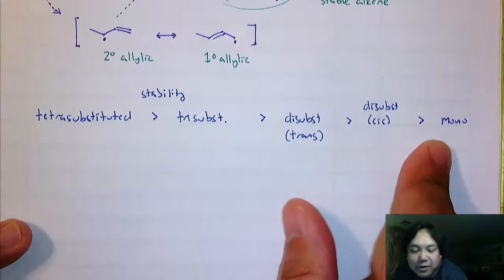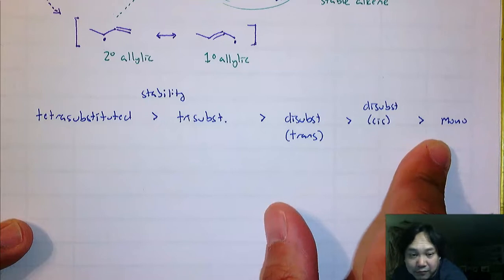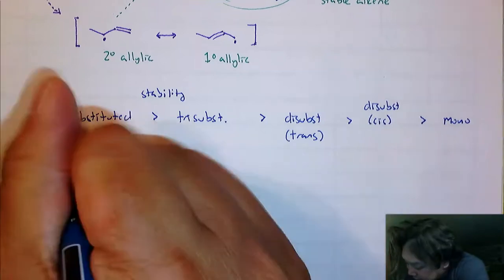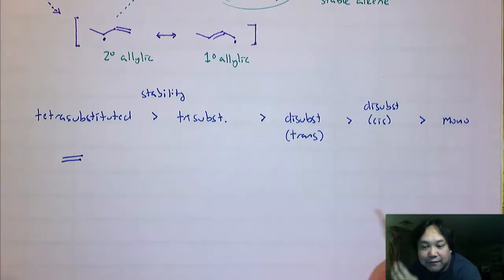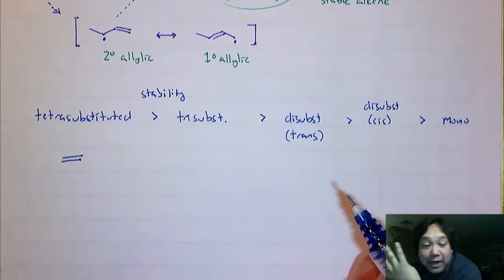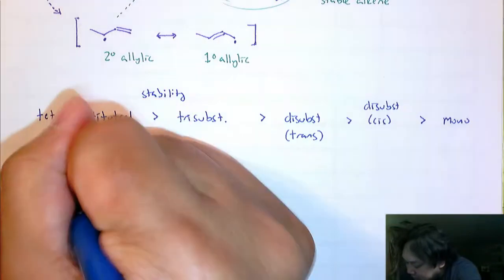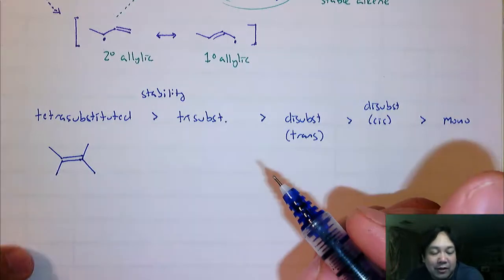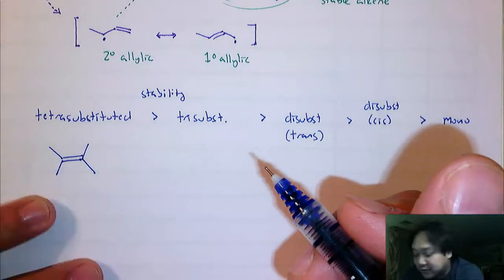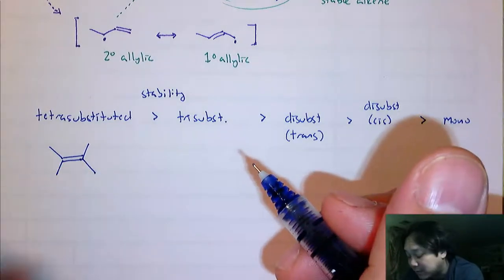You could either count the number of hydrogens or the number of groups, because on a carbon-carbon double bond, you actually have 4 locations to put groups. You could put a group here, put a group here, put a group here, put a group here. So I'm considering hydrogen not as a group. So there are no hydrogens on the carbon-carbon double bond.